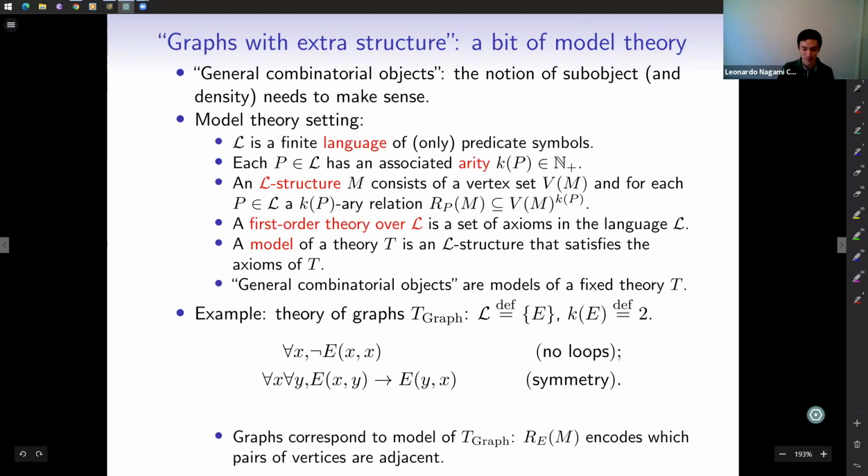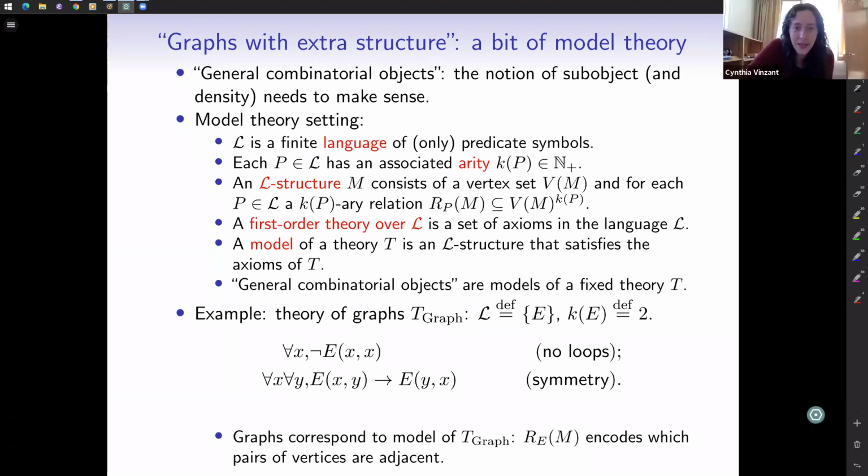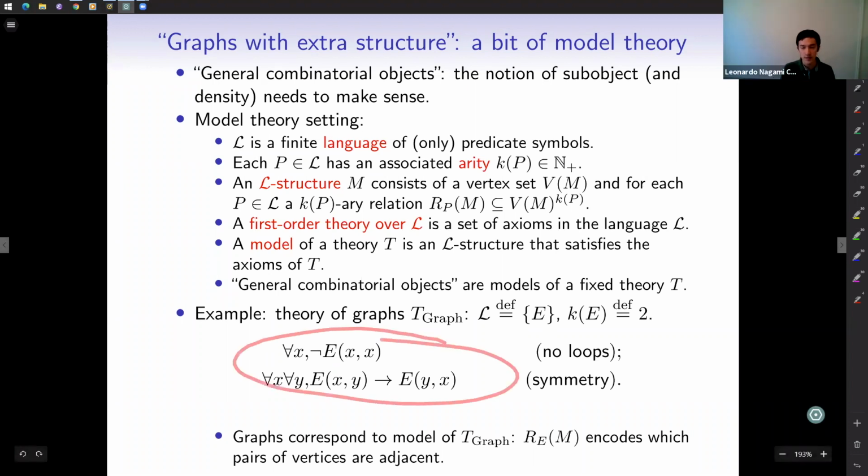But okay, is everyone clear with the notion of these models and first order theories for now? Just to make sure, an L structure in this example is a graph? Well, an L structure doesn't require you to satisfy the axioms.